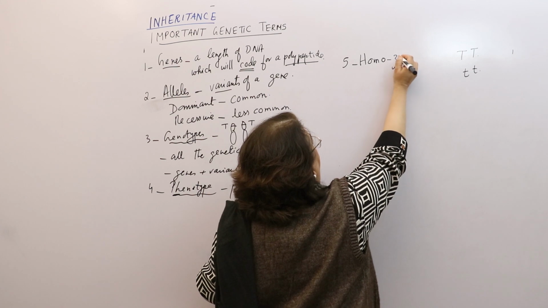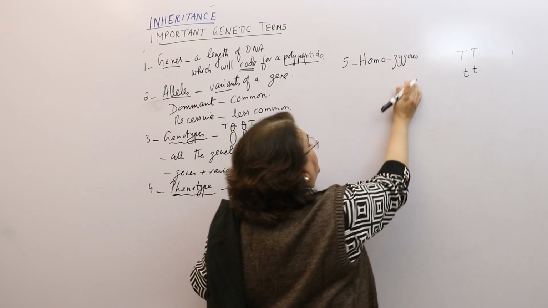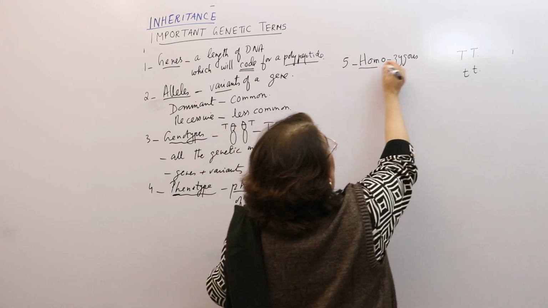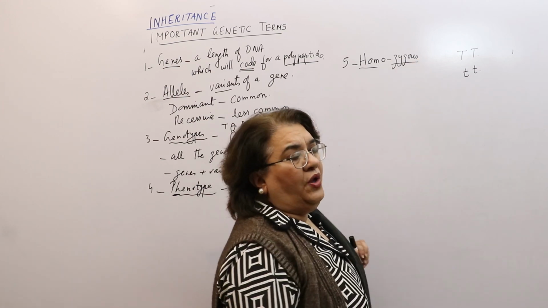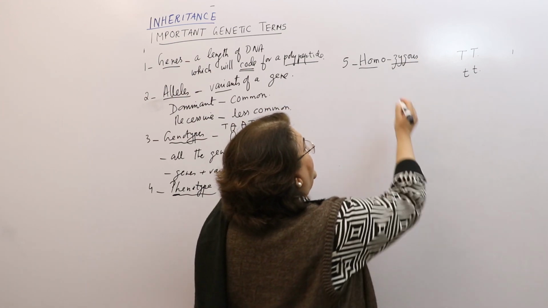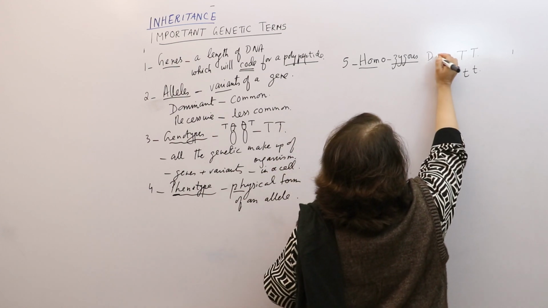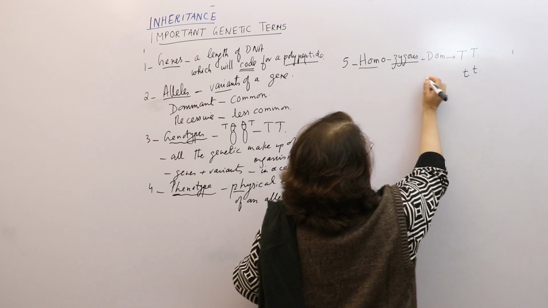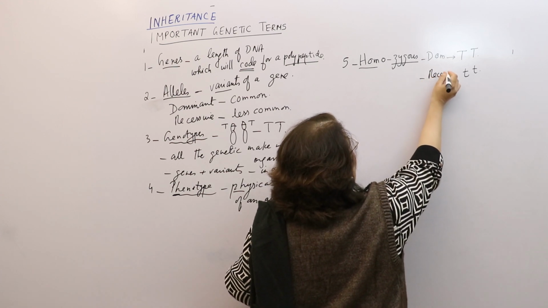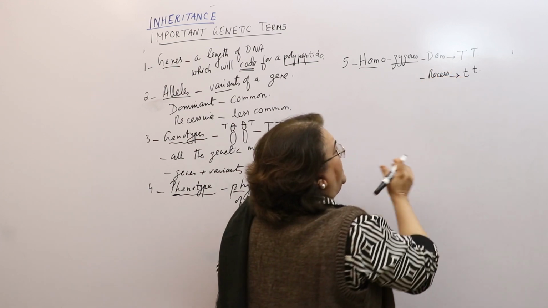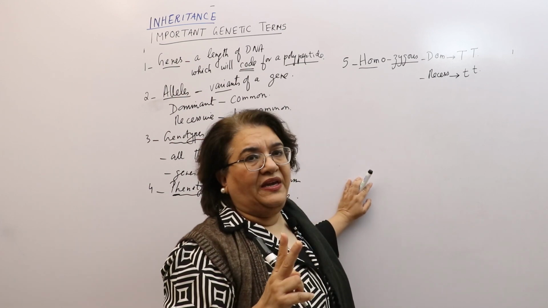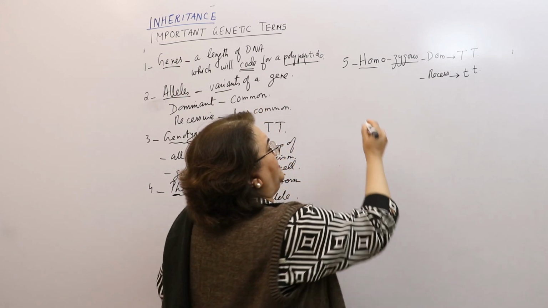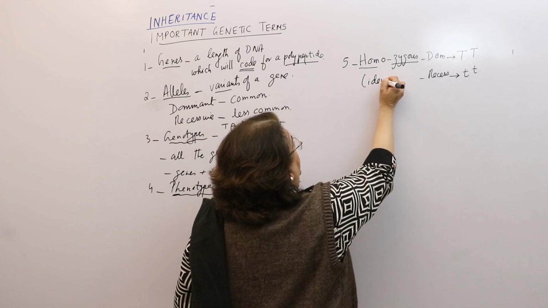Homo means same, and zygous means a combination or a pair, right? So homozygous could be dominant or recessive. Homozygous dominant would be this condition, and homozygous recessive would be this condition, and that would mean that both the alleles are identical.